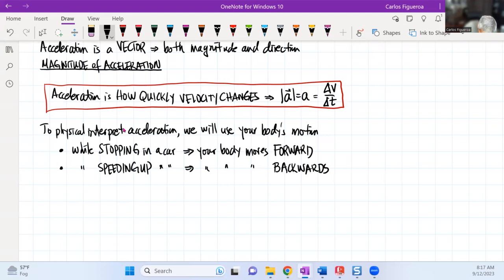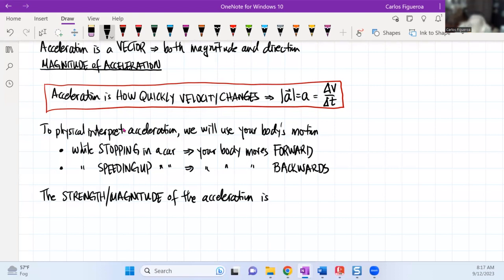So in other words, the strength or magnitude of the acceleration is a measure of the strength of your body's motion.